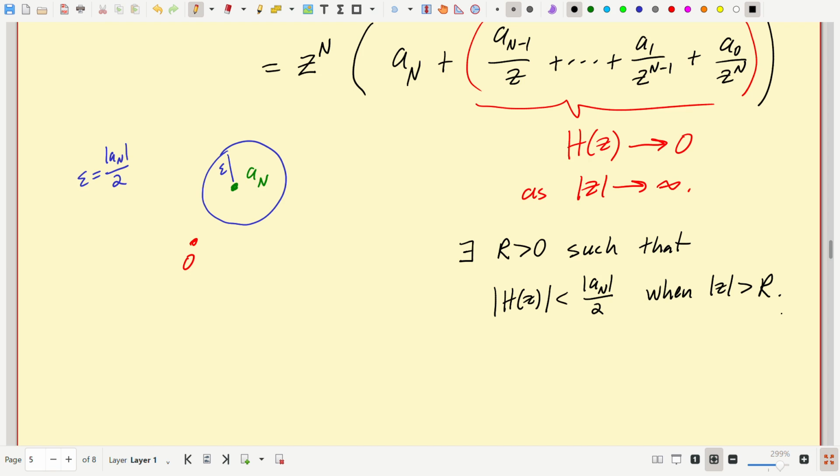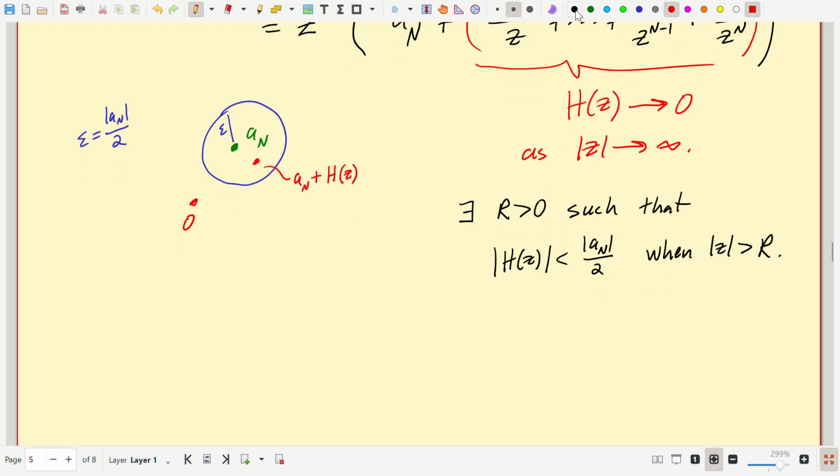Okay, so a_n plus h of z would be someplace in here, if the modulus of h of z is less than that radius.